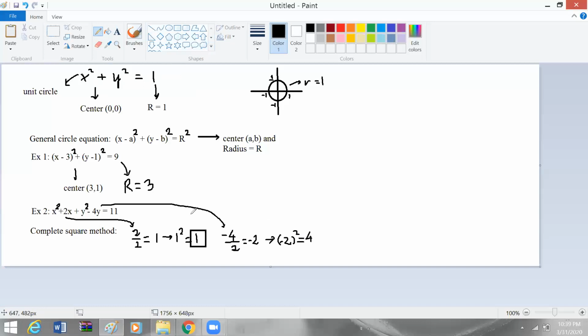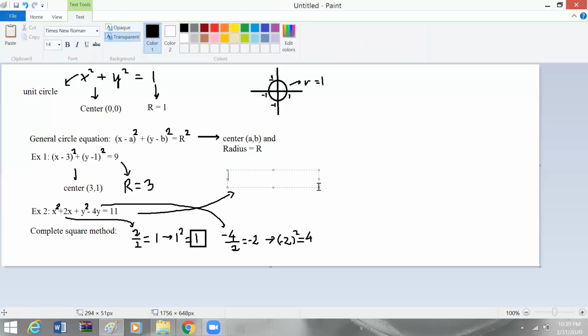After we do that, the equation turns out to be x squared plus 2x, and we add 1, so it becomes x plus 1 squared, plus y minus 2 squared equal to 11 plus 1 and plus 4.